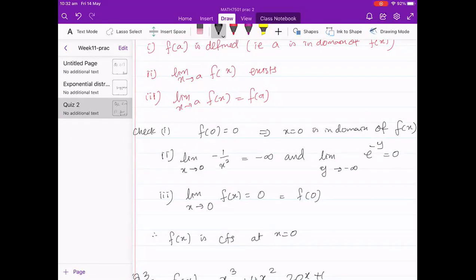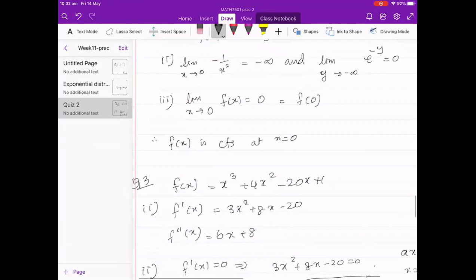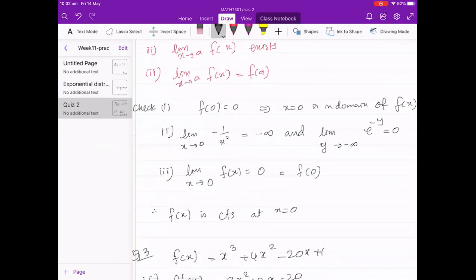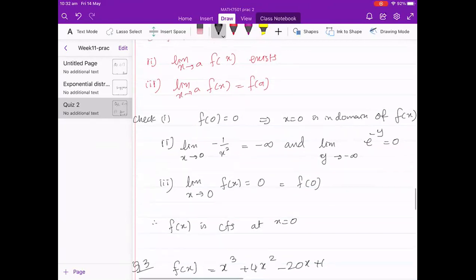Third part is question 3. Consider the real valued function f(x) equals x cubed plus 4x squared minus 20x plus 1. Calculate the first derivative and second derivative of f. What is the first derivative?